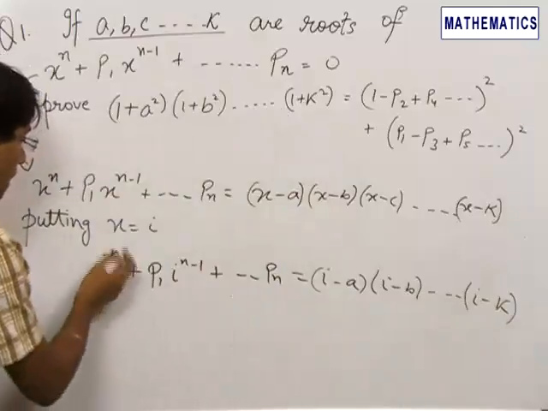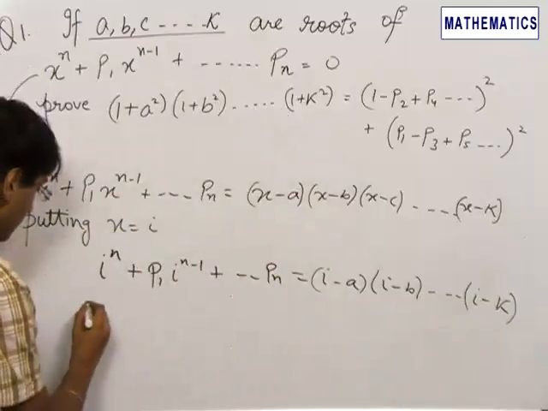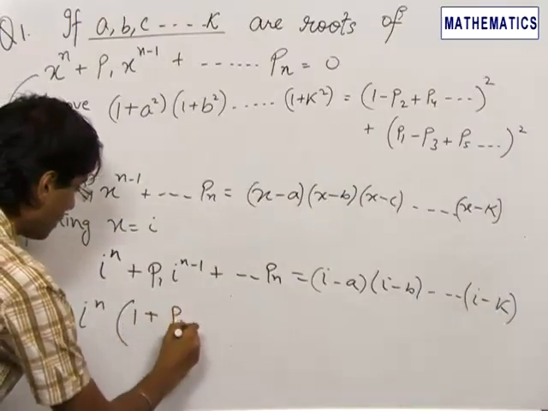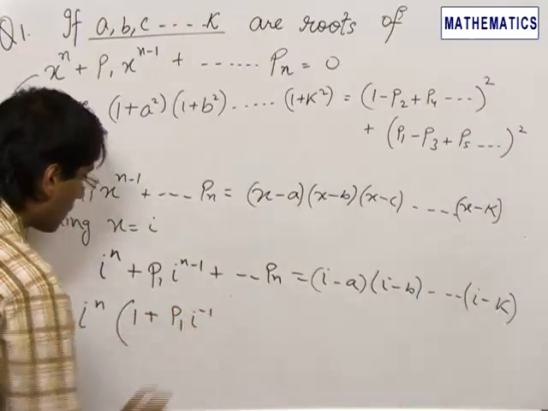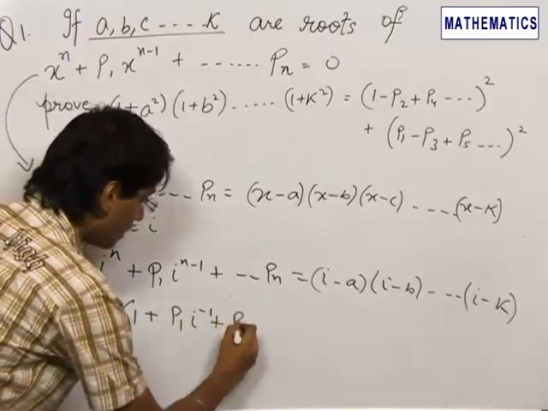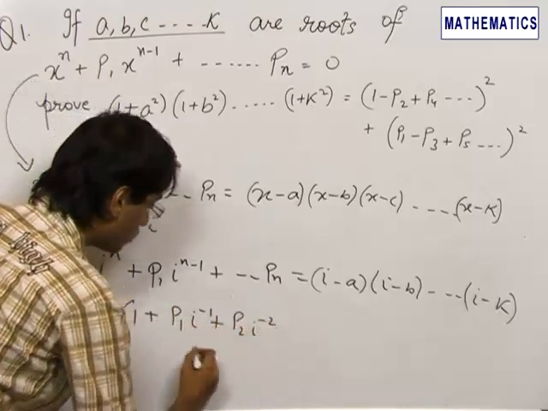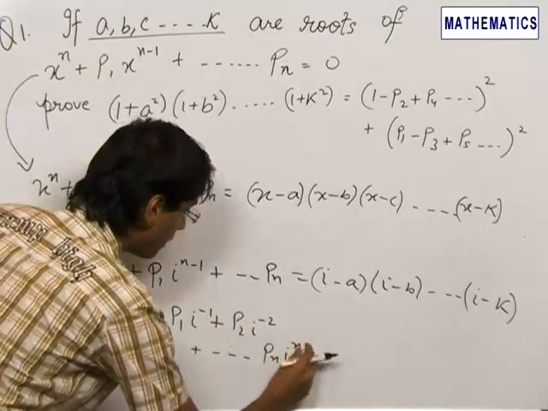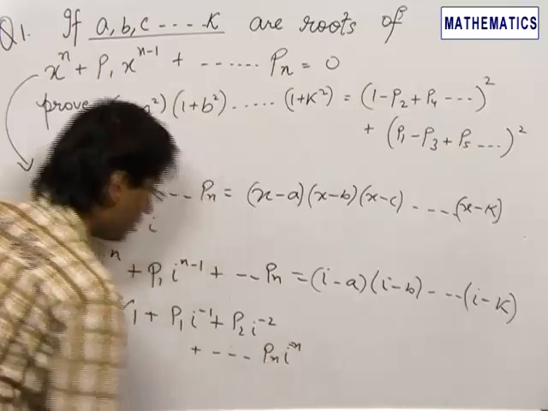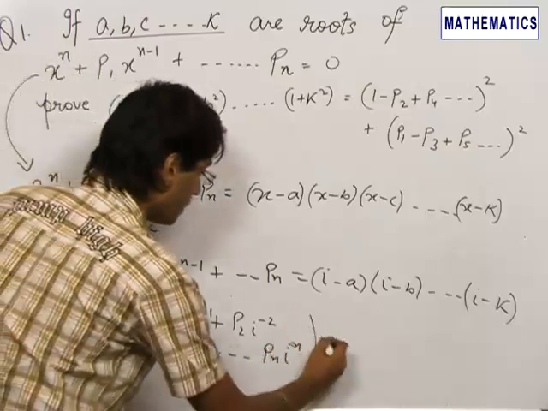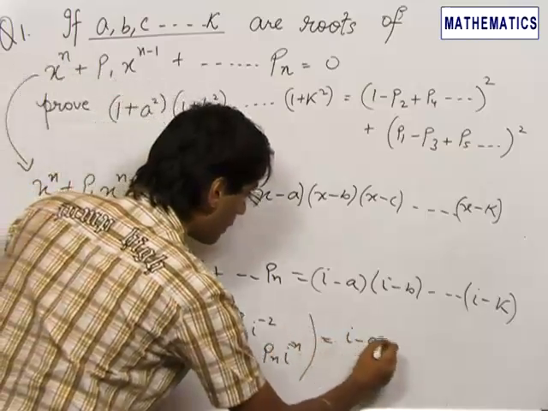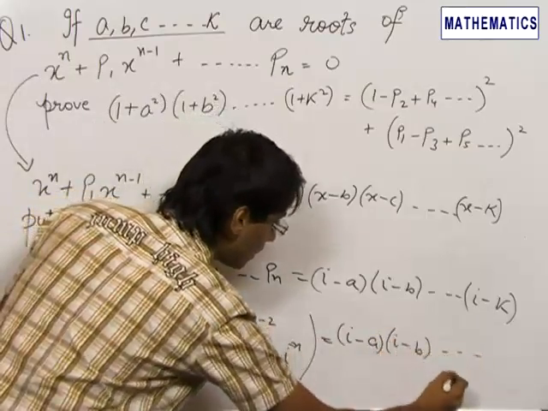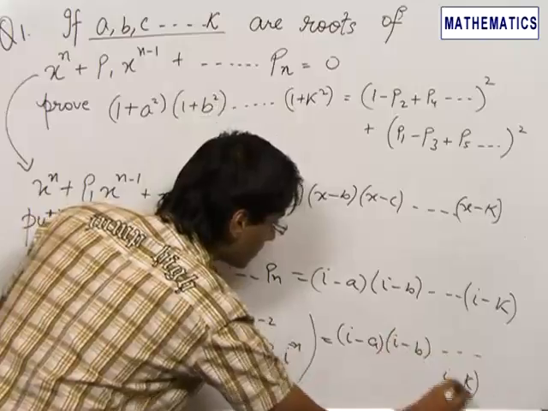Now in taking iota power n common from this entire expression, we get 1 plus p1 into iota power minus 1 plus p2 into iota power minus 2 up till pn into iota power minus n is equal to iota minus a, iota minus b up till iota minus k.